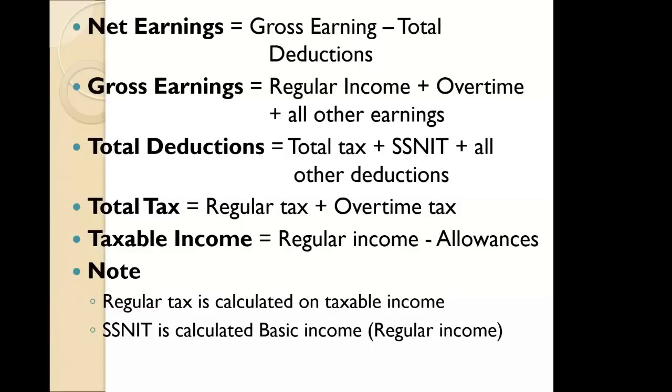For example, I'm not part of Provident Fund, and therefore no deduction is made from my salary for Provident Fund. So for all other deductions that are not recognized by law, you, the worker, will have to instruct the accountants or the payroll people to deduct those monies.